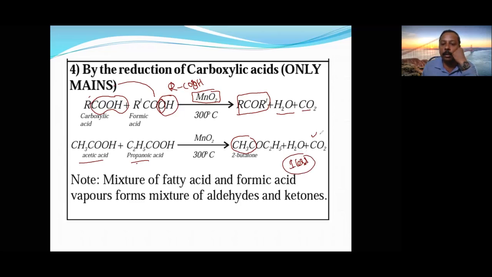Carbon dioxide. 3 carbon here and 2 carbon here, 5 carbons are there, but here how many carbons are there? Only 4 carbons are there. Where did that extra carbon go? That extra carbon went as CO2. Is it understood to all of you?